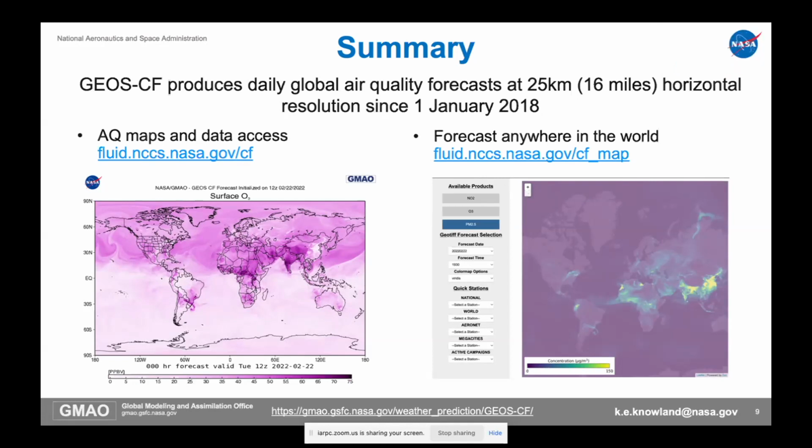Yeah, so ours is one of a few that run global forecasts. We have ECMWF, their CAMS product. They run a global air quality forecast system. The Finnish Meteorological Institute has one as well, SILAM, and I think that one might actually be the highest horizontal resolution available to the public.